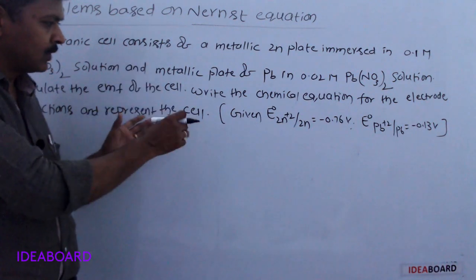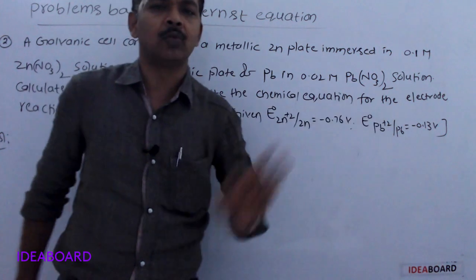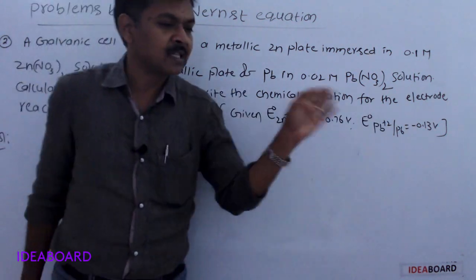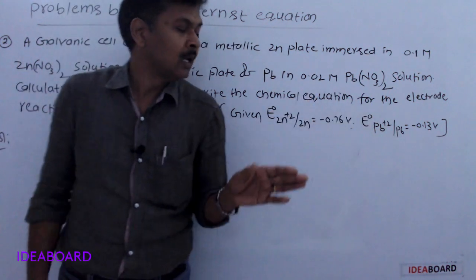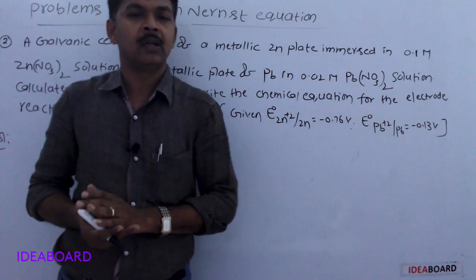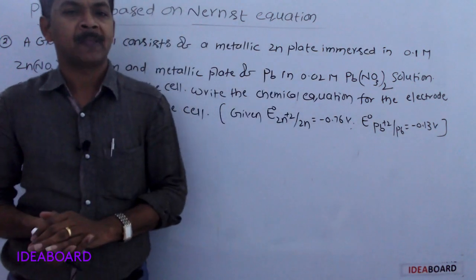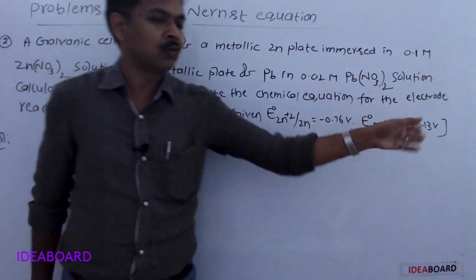While representing, we should identify which one acts as anode and which one acts as cathode. In the electrochemical series applications, I have explained that the electrode with the most negative or least SRP value acts as anode. Here both have negative values for zinc and lead electrodes.